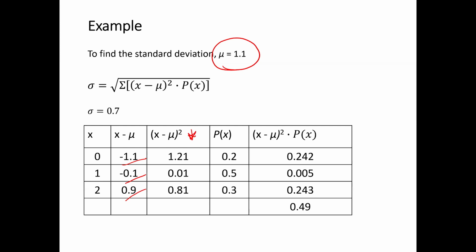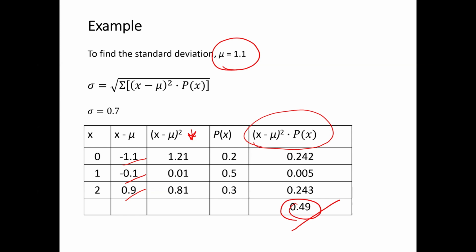Then I have the probabilities of each value of the random variable, and I multiply that squared difference times the probability, and I add it up. And I get, what do I get? Wait, 0.49?